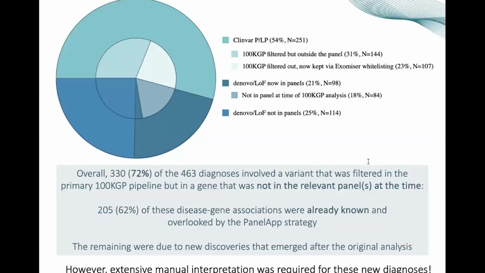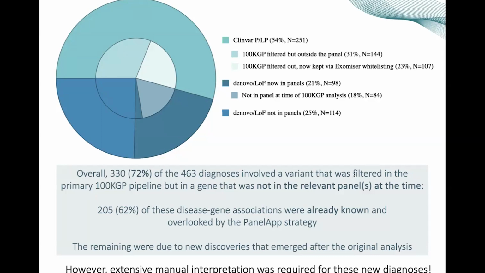But we also showed that for 205 of them, there was already evidence of this gene disease association in the literature, therefore revealing the higher sensitivity of a less targeted approach compared to the panel-up strategy.